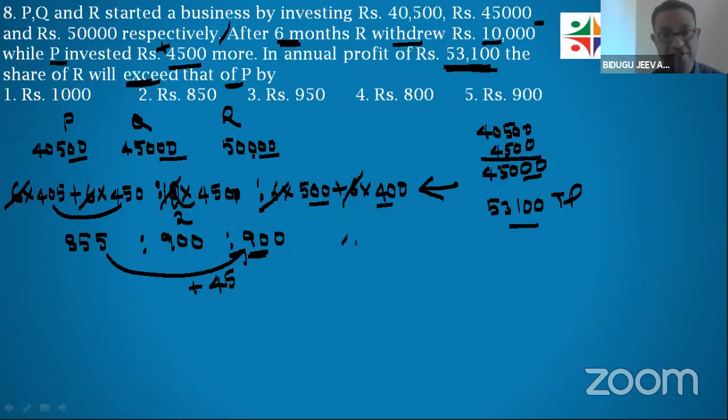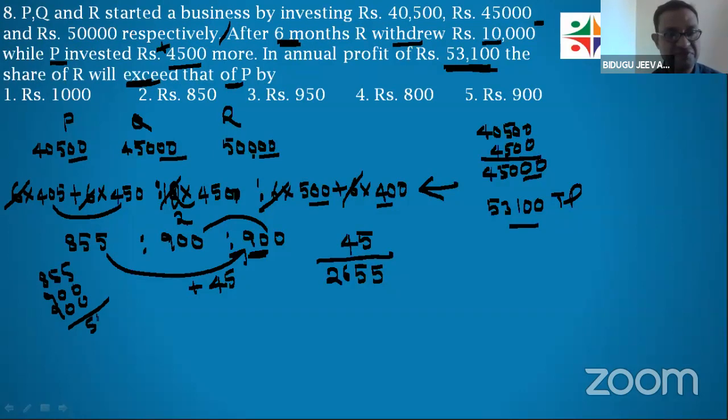So I'll write 45 upon, what is the total of this one? 1800 plus this one, 2655. So 855, 900 and 900, it is 55. So I've taken this one into the share, given 53100. Don't worry about this kind of larger calculation. Next, I'll divide with 5. 5 nines.